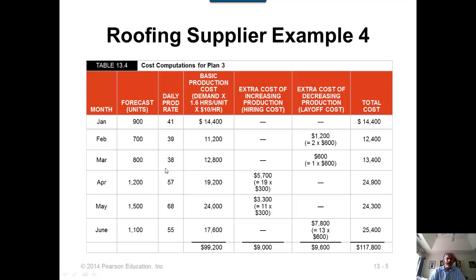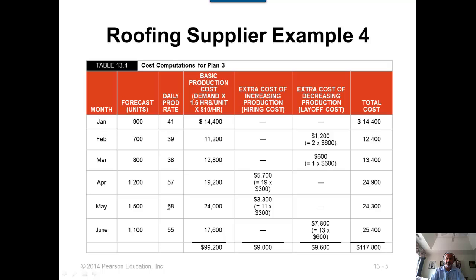Then going from March to April you have to go from 38 to 57. So you have to increase the daily production rate by 19 units. So you have increase in production cost times 300. So there is no firing cost here. Now again we have to go from 57 to 68, so that's 11 units a day.